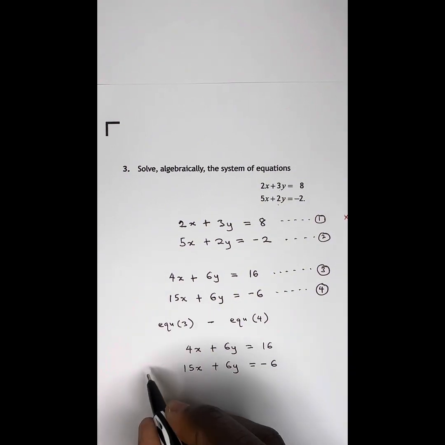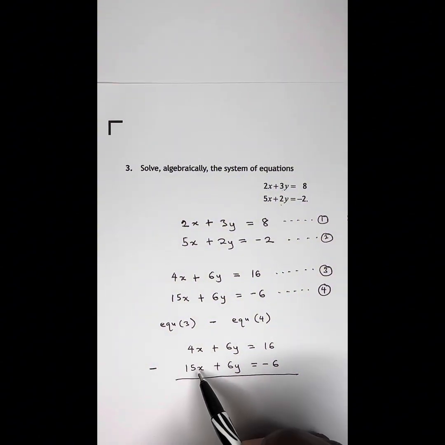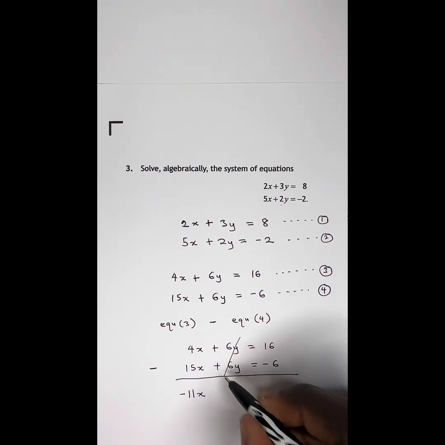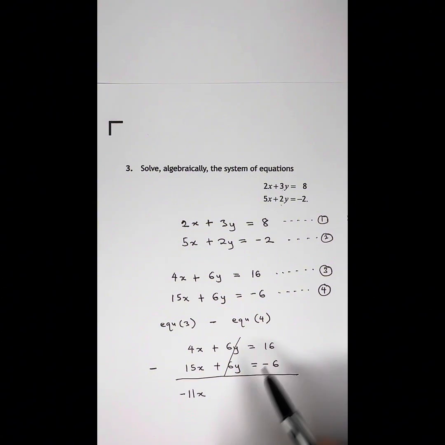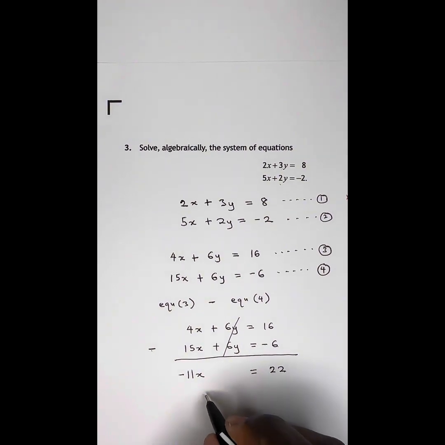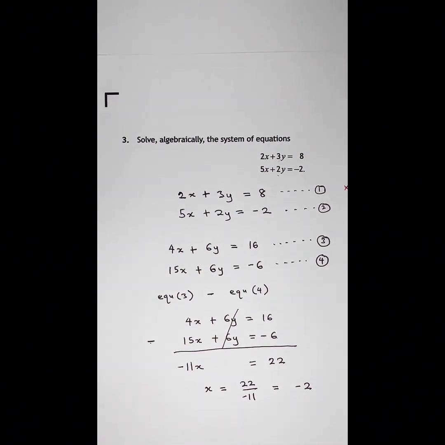If we do a subtraction, 4x minus 15x gives us -11x. 6y minus 6y cancels out. 16 minus -6 becomes 16 plus 6, and that's 22. So x is 22 divided by minus 11, and that's going to give us minus 2. So that's the value of x.